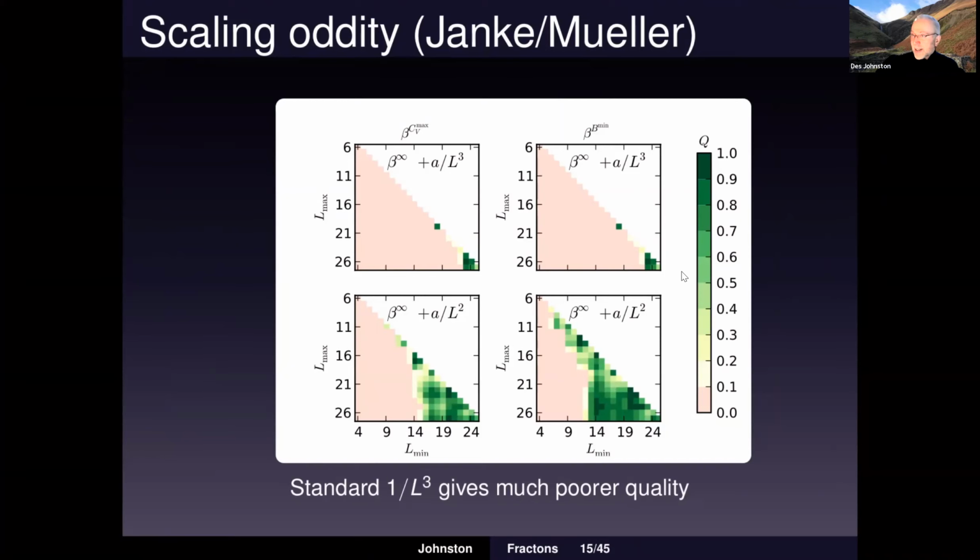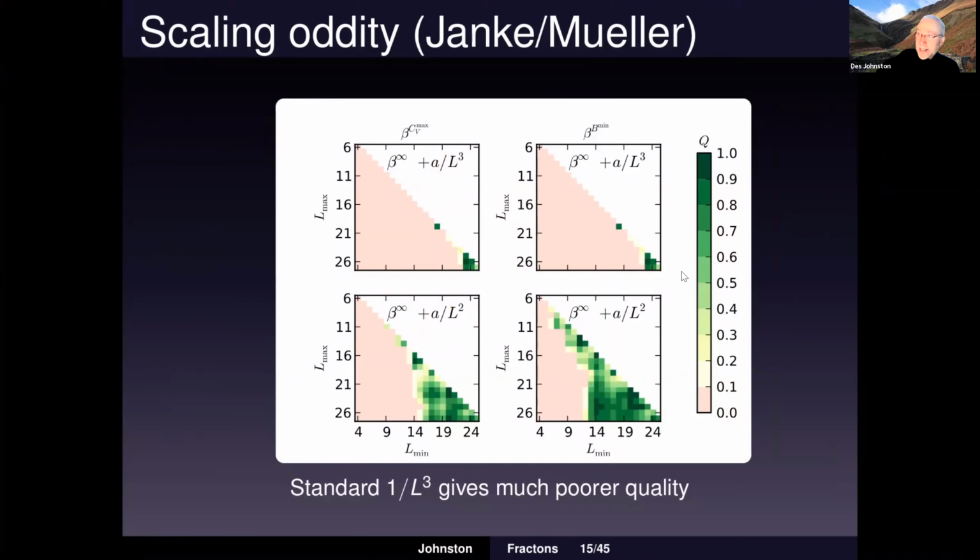And what they were interested in doing was improving my simulations and tidying up my estimates of where this first order phase transition was. And whenever they had a look at how the estimate of the first order phase transition point shifted with the size of their simulations, what they found was that it didn't shift as 1 over the volume. It shifted as 1 over L squared.